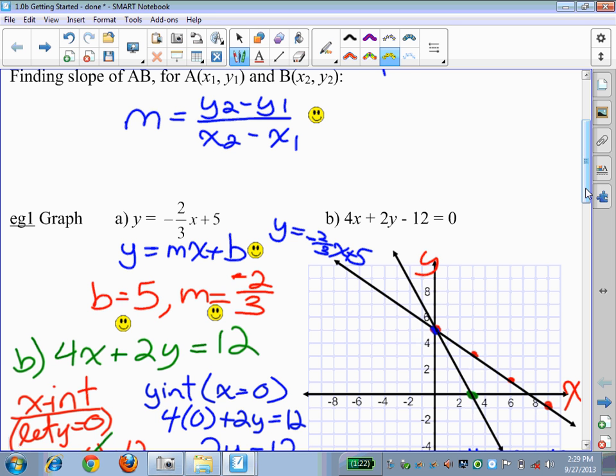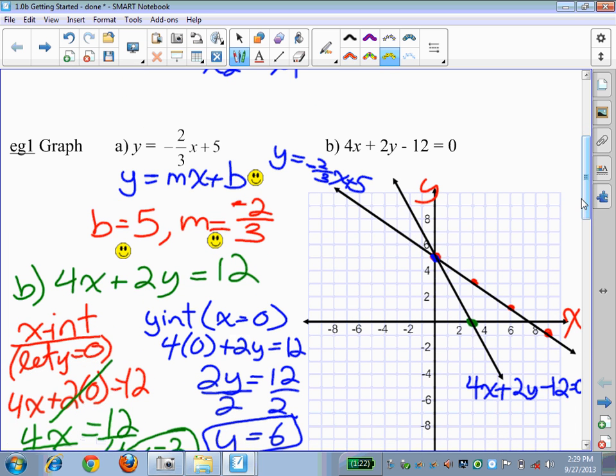In order to plot that, ladies and gentlemen, you start at the y-intercept here, which is 5, and then you apply your step pattern, which means every time you start here, you're going to go down 2 over 3, make a dot, down 2 over 3, make a dot, and then you create your line.